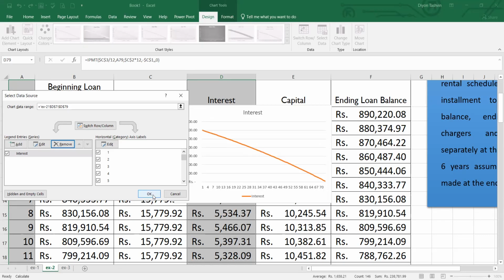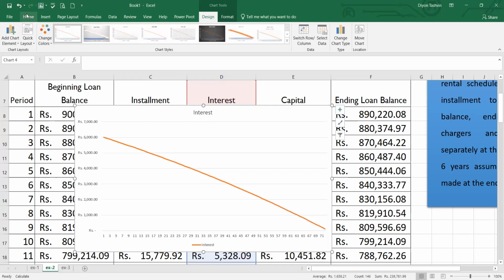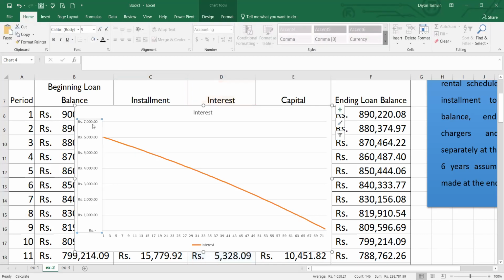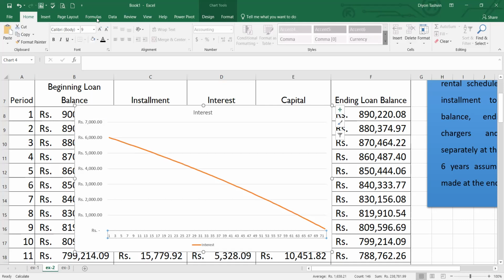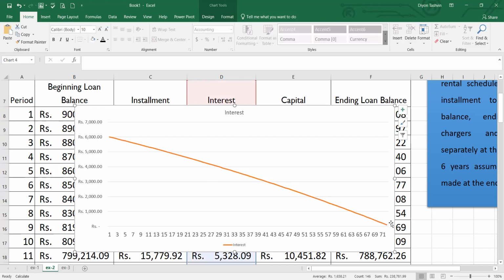Then you can see how the interest has shifted over the period. So you can see in period 1, it is higher. And in period 72, it has decreased to a small portion. So you can see there is an inverse relationship between the interest and the time period.